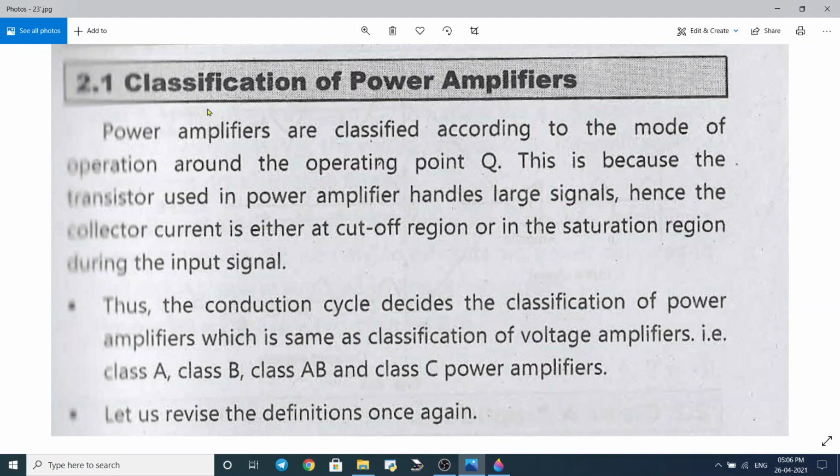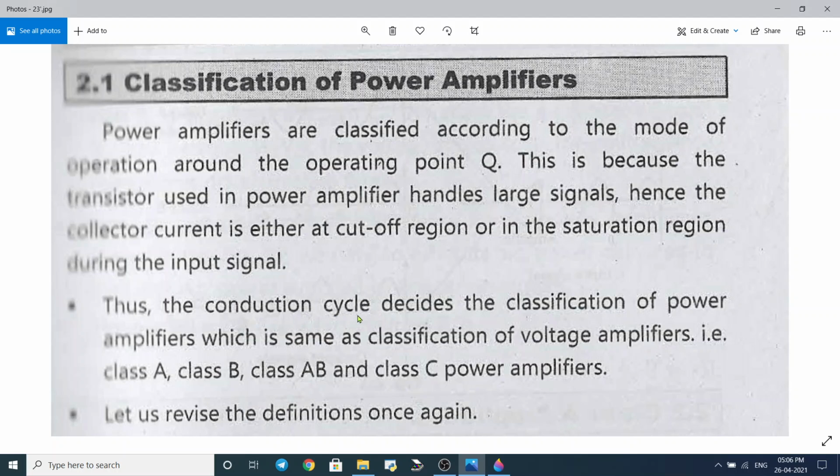Let us discuss the point, classification of power amplifiers. So there are four classes of power amplifiers: class A, class B, class AB and class C. And these classes are based on the conduction cycle.